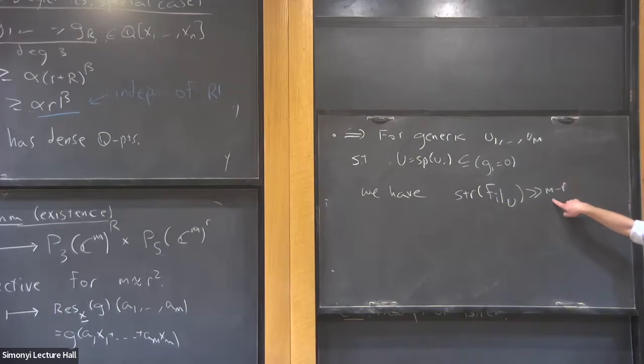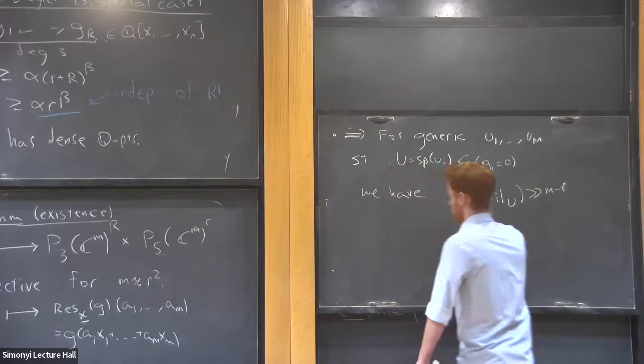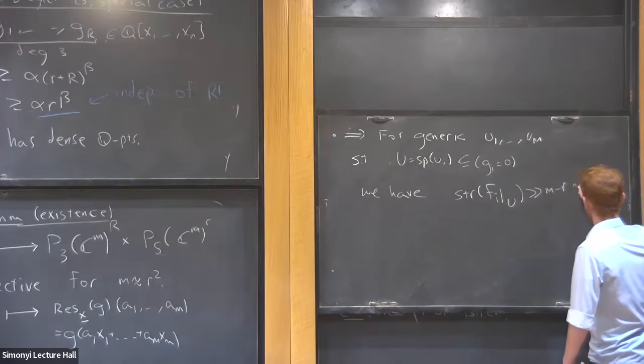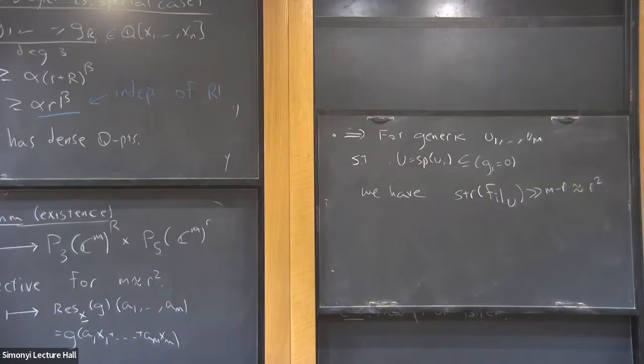So this is a lower bound for the strength of a generic form in m variables. And because we chose m to be some large constant times R squared, this is also of order of magnitude R squared. Now we'll see in a moment why I want this R squared here.